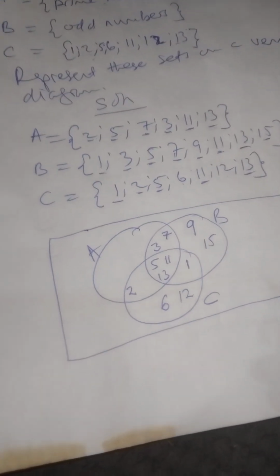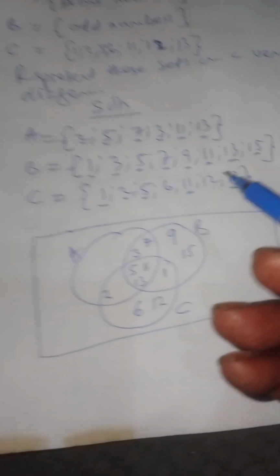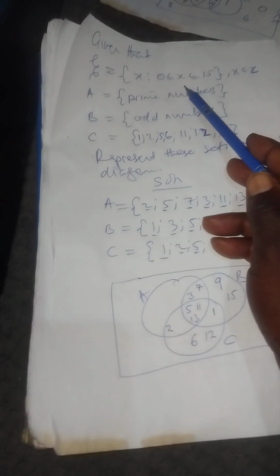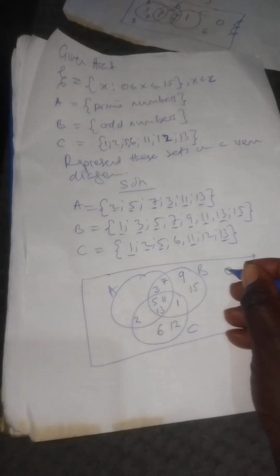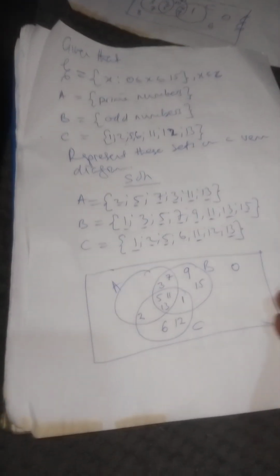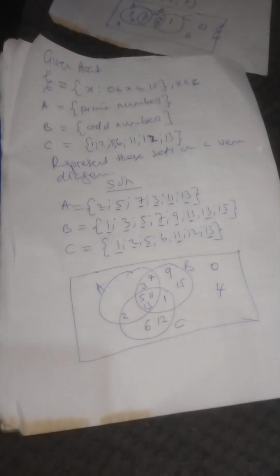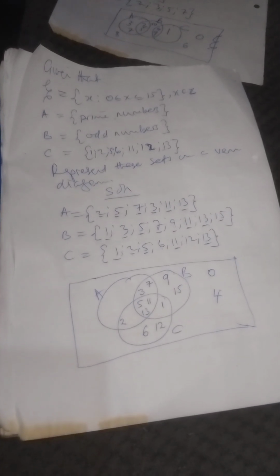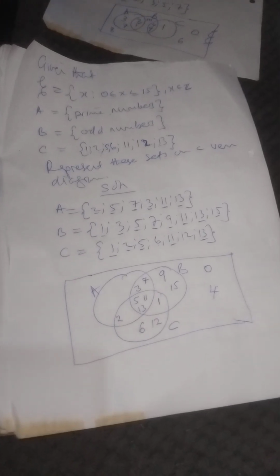Right. So after listing this, we now go to our universal set. What is now remaining? What has not been included so far? So we have 0, 1 is there, 2, 3, 4. 4 is not included so far. 4, 5, 6, 7, 8. 8 not yet.